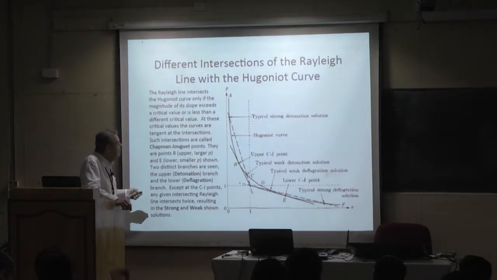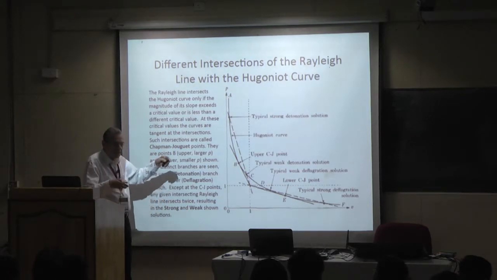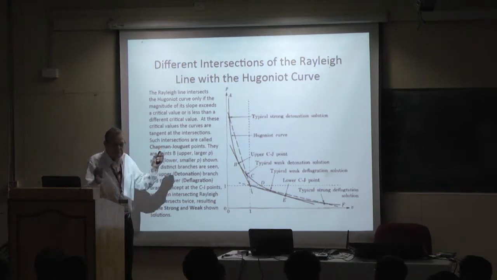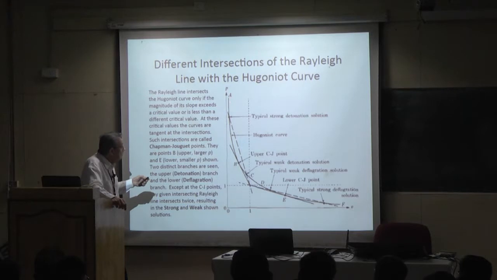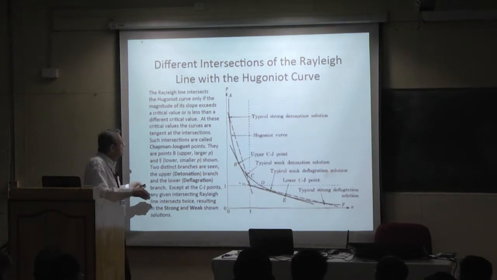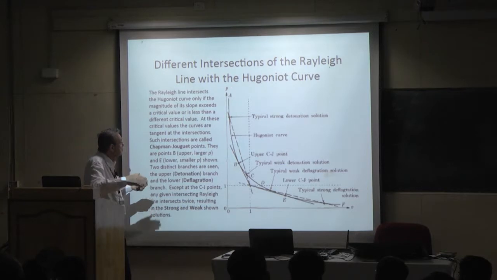People have, for example, in expansion parts, had a reacting mixture expanding through a converging-diverging nozzle to establish a normal shock wave in the diverging section, and have exothermic chemistry behind that shock wave. That would be an example of a standing detonation, which is a strong detonation.